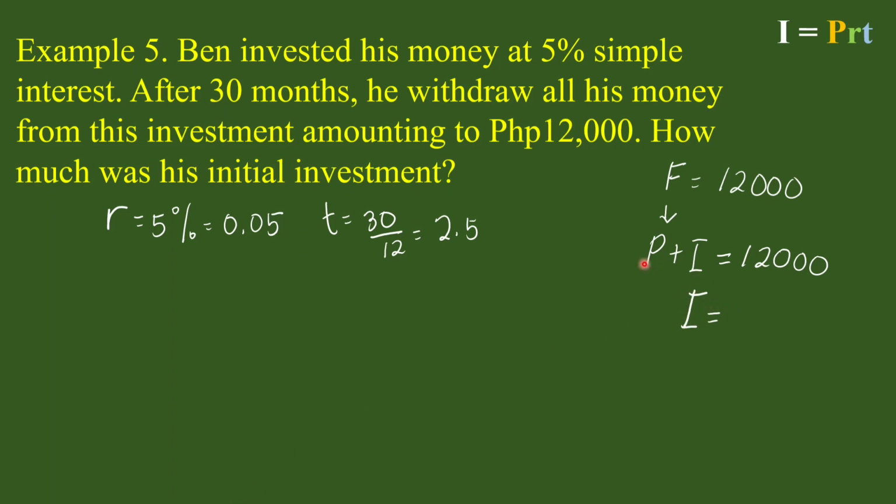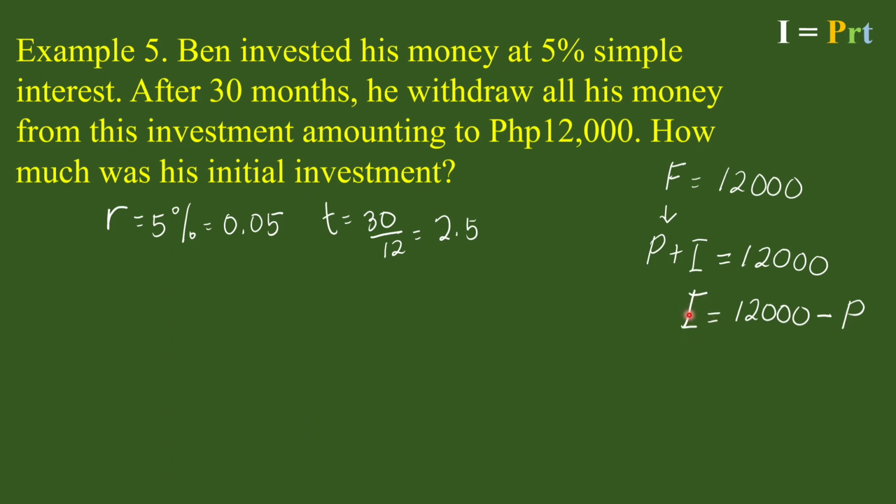Iwanan natin yung I dyan and then transpose natin yung letter P on the right side with 12,000. So that will become 12,000 minus P. Okay ba? Naging minus P siya sa kabila. So that's the equivalent of I.